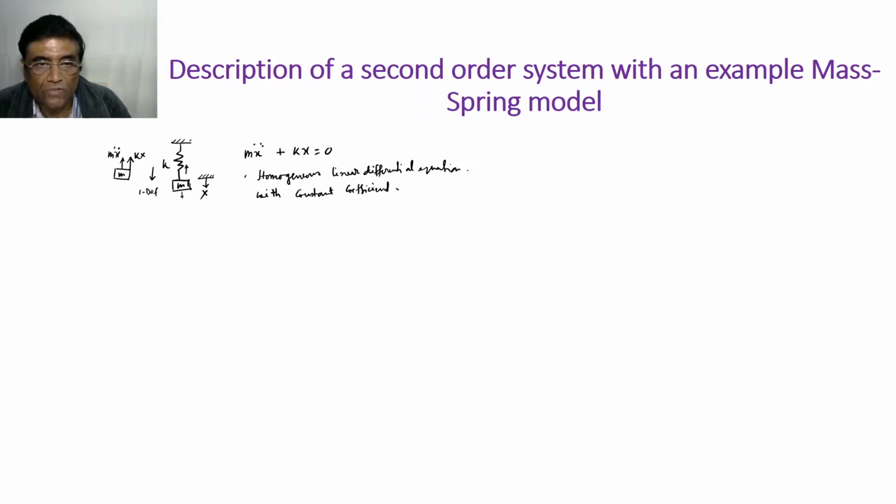Right, with constant coefficients. That means m and k do not change with time, right? And such systems are called time invariant systems. I have already explained time invariant systems.